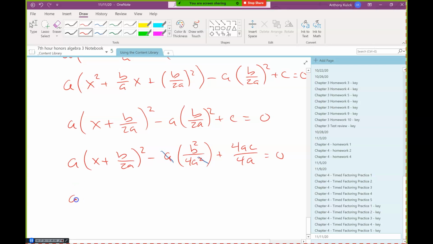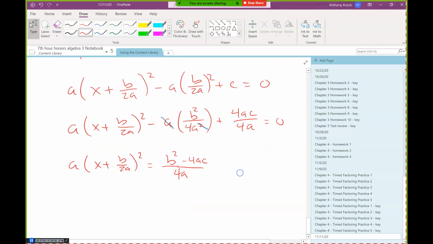And now I'm going to move that stuff outside of the parentheses over to the other side. So I'm going to add over b squared over 4a and subtract over 4ac over 4a. But since they have a common denominator, I'm going to write them as a single fraction. So far, so good.